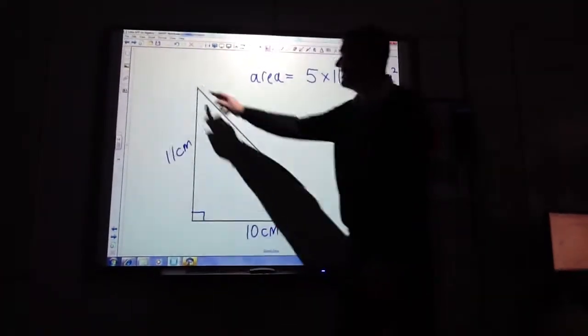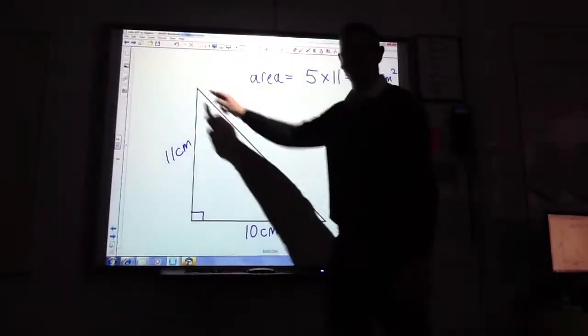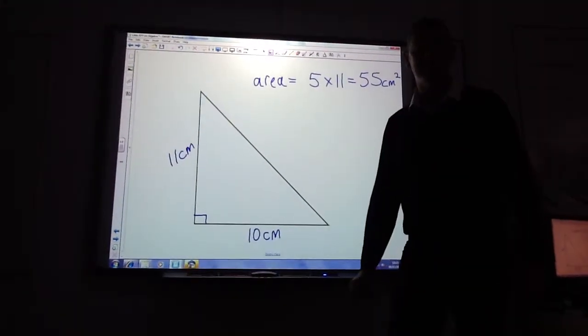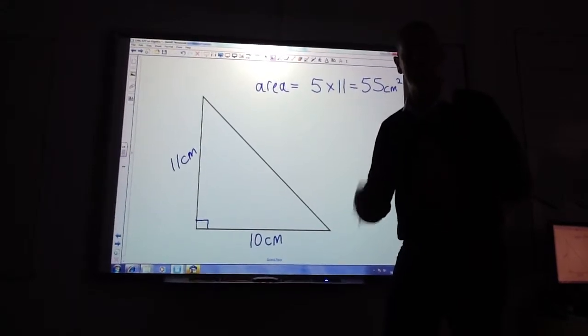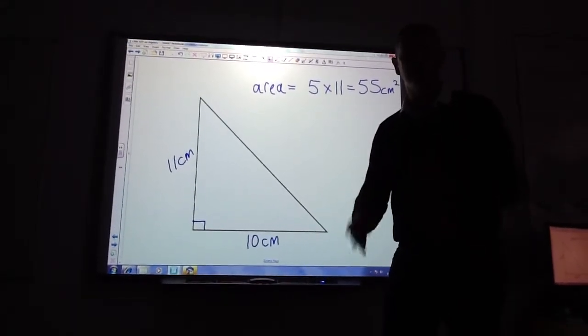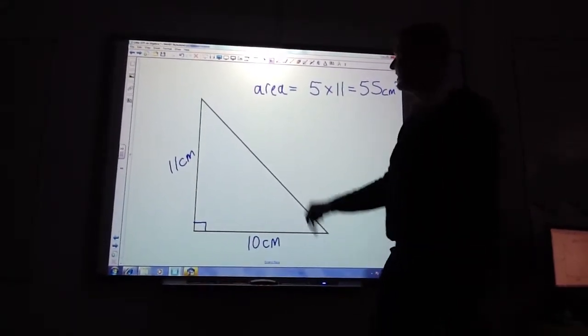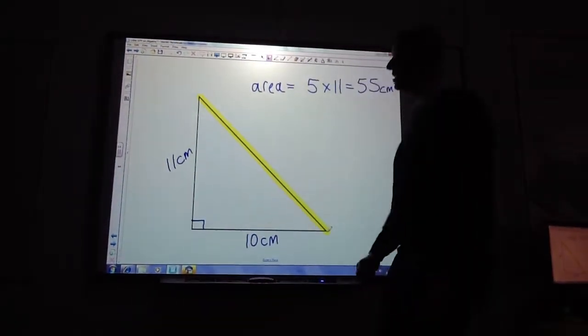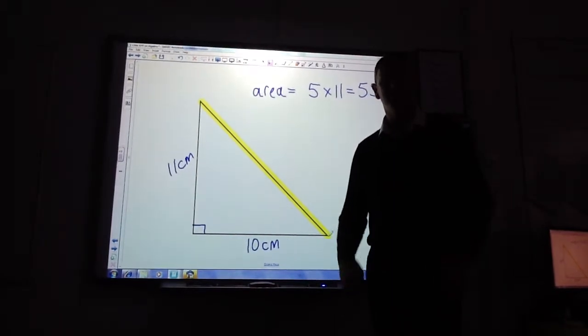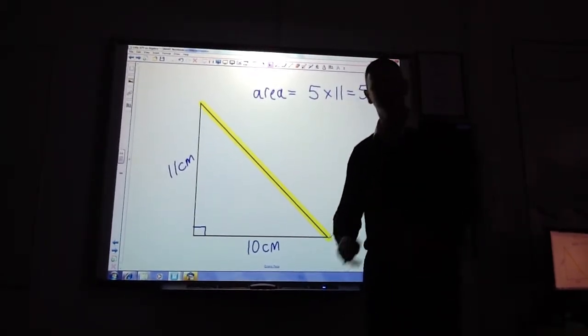If we're looking for the length of this side here, that's where we use Pythagoras. That's where we've got to say either square, square, add, square root, or square, square, take away, square root. Now, because we're looking for what I call the slanty side, the longest side, we're going to use square, square, add, square root.